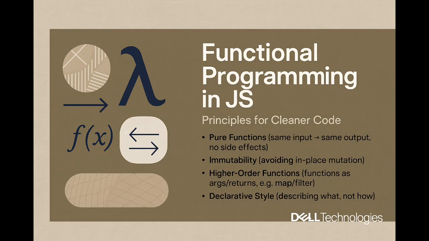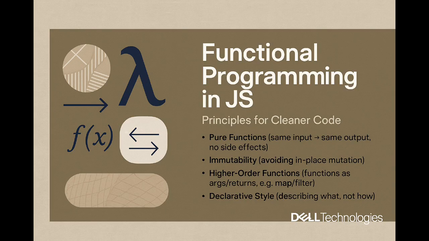Modern JavaScript engines are also very efficient at allocating new objects and garbage collecting old ones. And in React, updating immutably is necessary for its diffing algorithm to correctly identify changes. So the slight overhead of creating new objects is usually outweighed by the benefits of React knowing exactly what changed and updating the DOM minimally.